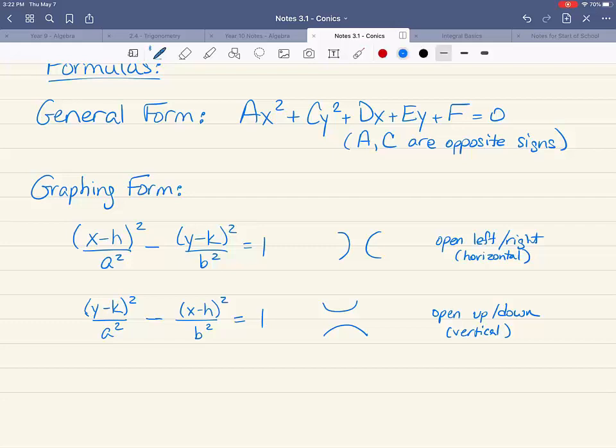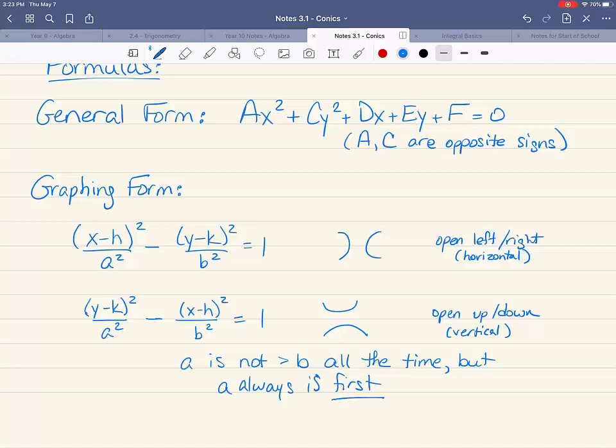Now, also with the ellipse, we said that A was always bigger than B. A is not greater than B all the time for these problems. A could be equal to B, but A always is first. It's on the positive fraction. It is under the positive fraction.